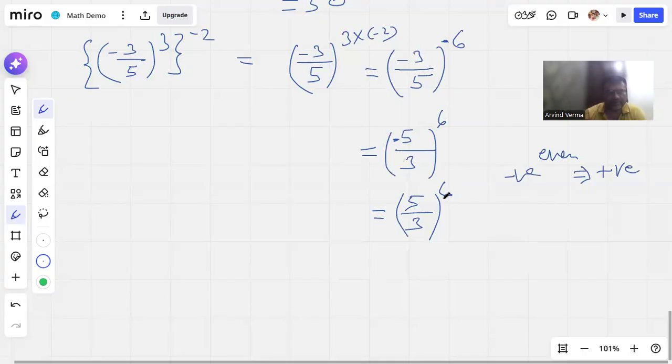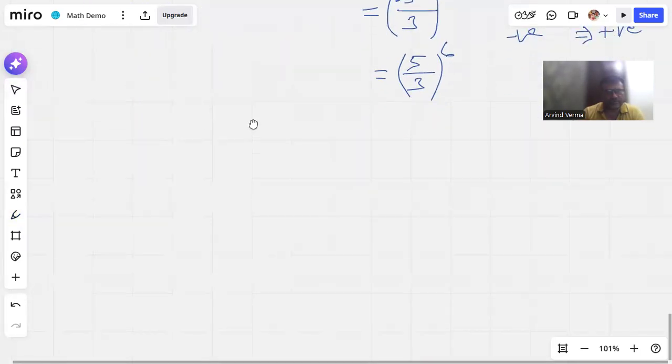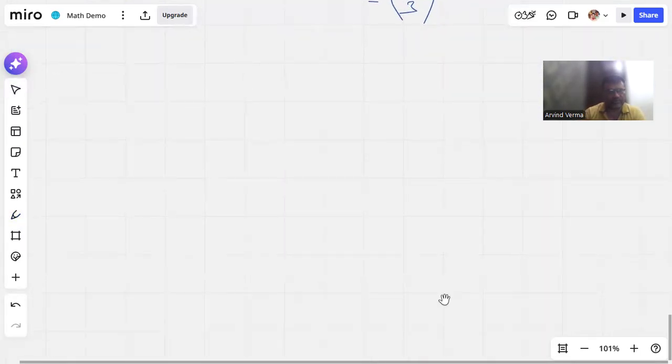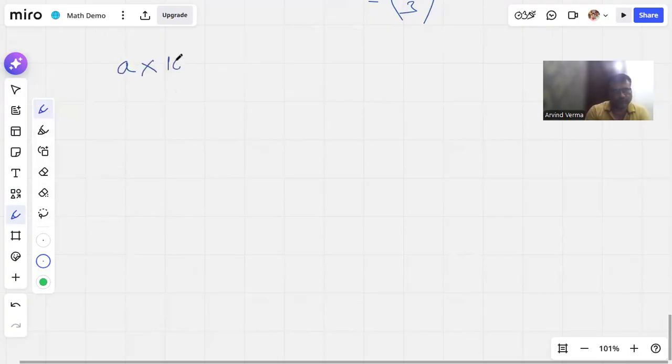Now, at the beginning, I told you something about standard form. Standard form is like a into 10 raised to the power b, where a and b are any kind of real numbers.